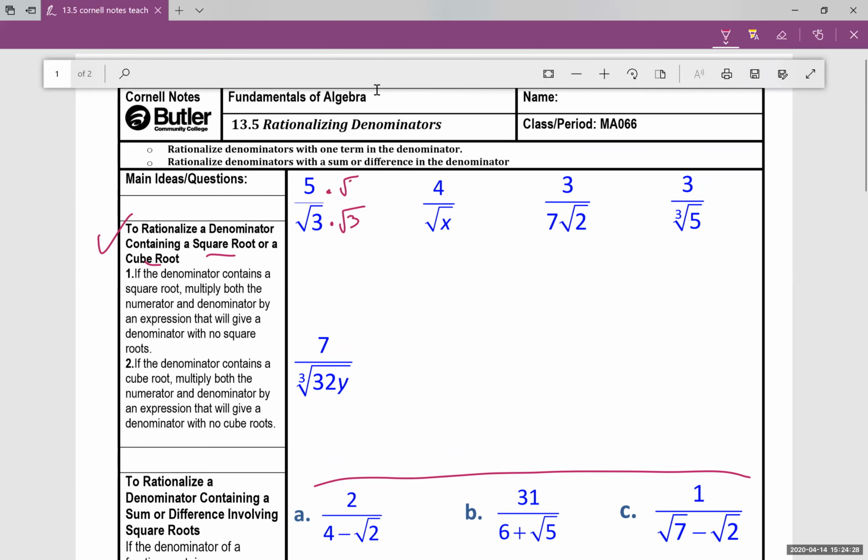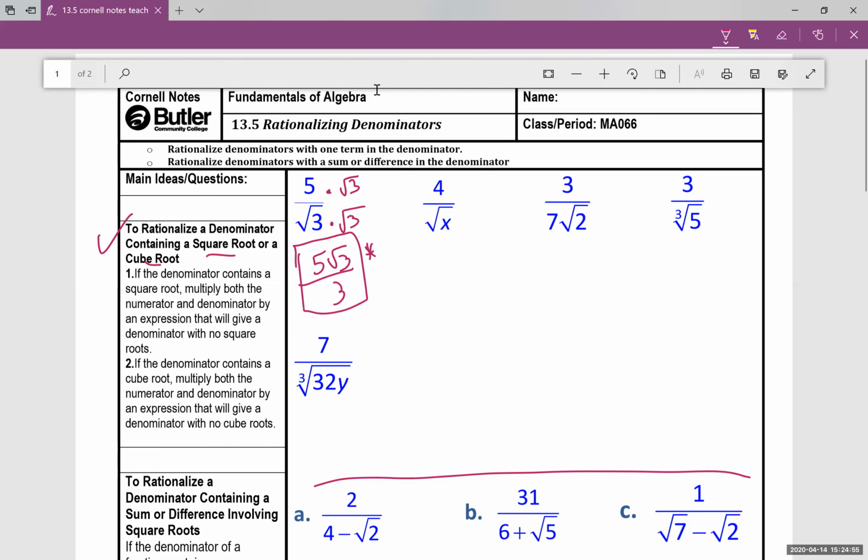So the final answer here is 5 square root 3 over 3. And remember, square root of 3 times the square root of 3 is poof, magic, it's just 3. But you can also think about it as the square root of 3 times the square root of 3 is the square root of 9, and the square root of 9 is 3. There's no simplifying that can be done in this one, so we're done.